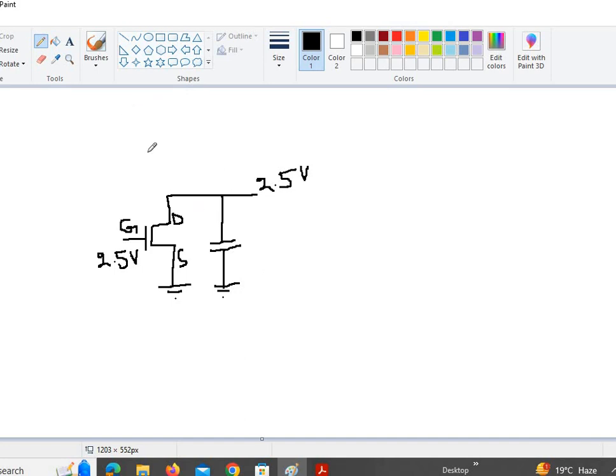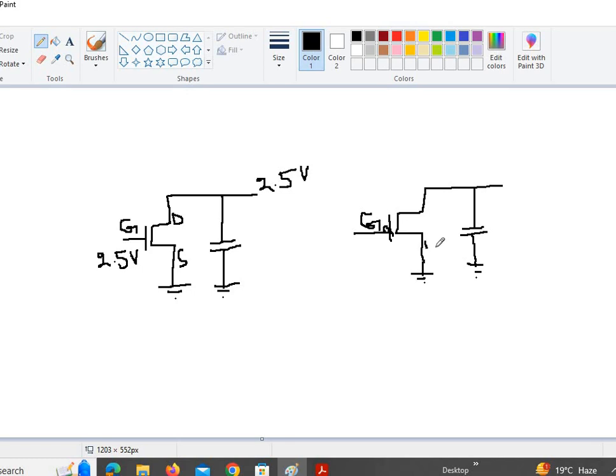However, if we use a PMOS transistor in the pull down network, once again, pardon my drawing. If we use a PMOS transistor in the pull down network, then here is the gate of the PMOS transistor.